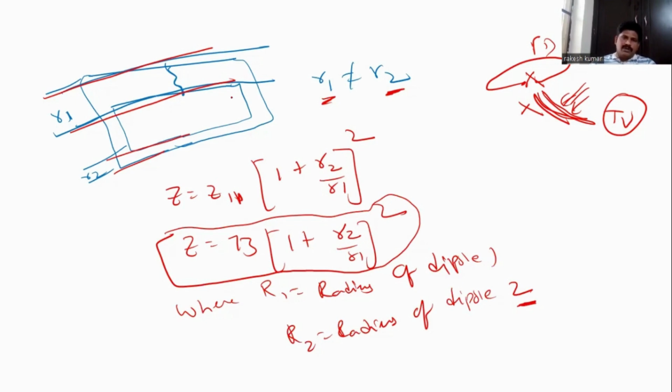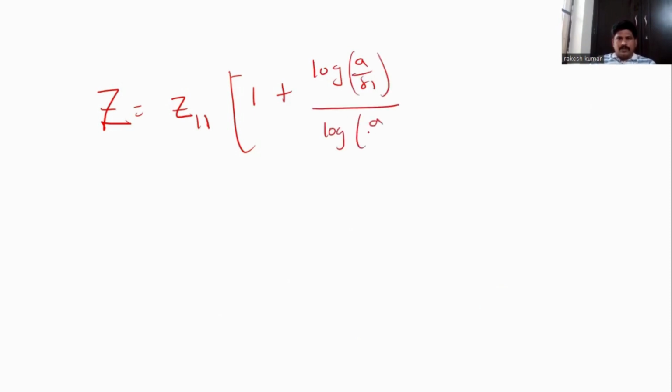If we also want to consider the separation distance, let us consider the folded dipole with dipoles 1 and 2 separated by a distance A. Then the formula is Z is equal to Z11 into (1 plus log of A by R1 divided by log of A by R2) whole square.